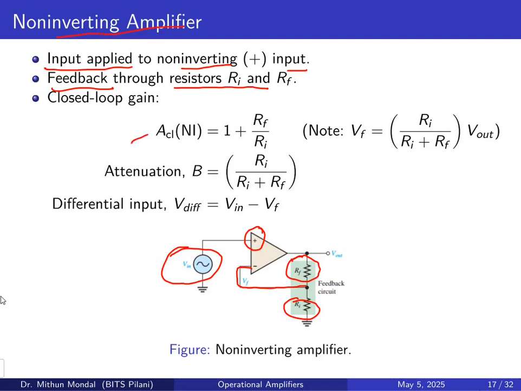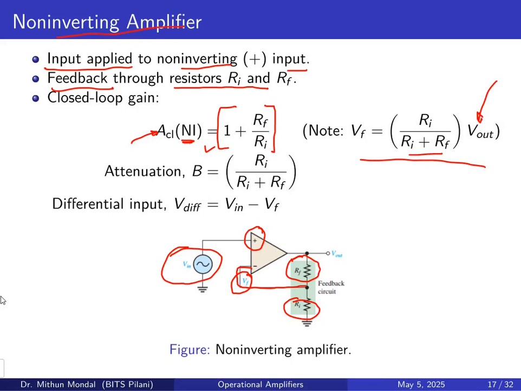So the closed loop gain under non-inverting configuration is 1 plus Rf by Ri. You can derive this with respect to the voltage division rule. So the feedback voltage Vf is basically dependent upon the output voltage with a multiplication factor Ri by Ri plus Rf.